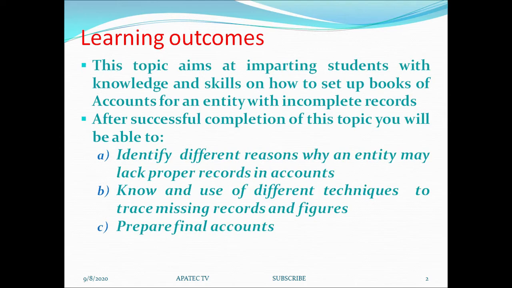For this, the reasons may be a lack of knowledge of an accountant, and also maybe the large cost of an expert, and also maybe damage, like fire, that can affect an entity. So number B, the use of the different techniques.